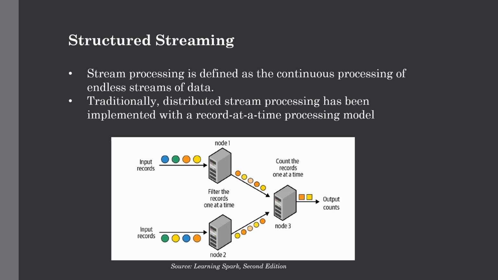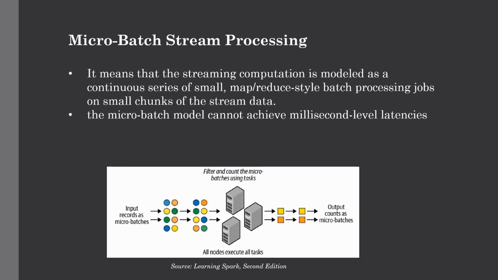But there is a concept known as micro-batch stream processing, which was introduced with Apache Spark. Let's talk about that now. This traditional approach which we have just discussed was challenged by Spark when they introduced Spark Streaming, also called DStreams. It was introduced with the idea of micro-batch processing, where the streaming computation is modeled around a continuous series of small batch processing jobs.